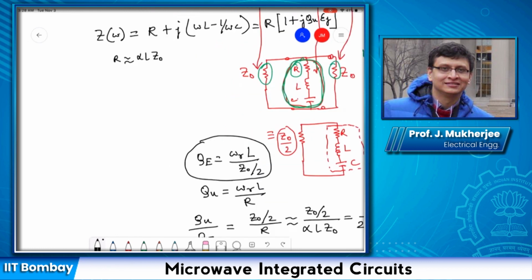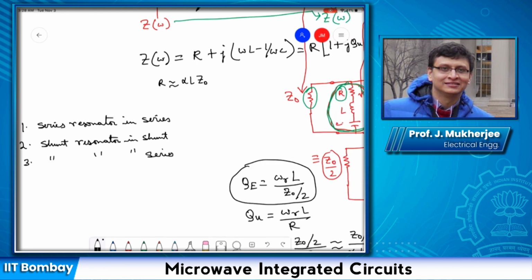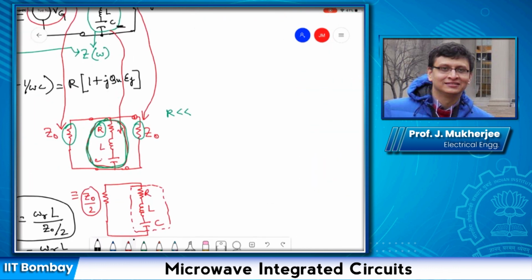Try to obtain the expression for QE for these cases: series resonator in series, and shunt resonator in shunt.